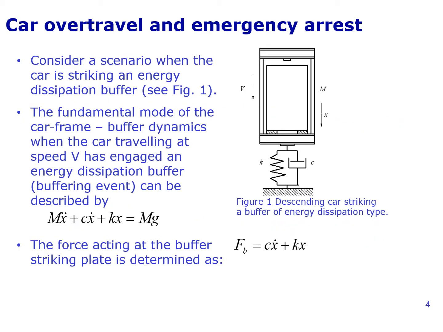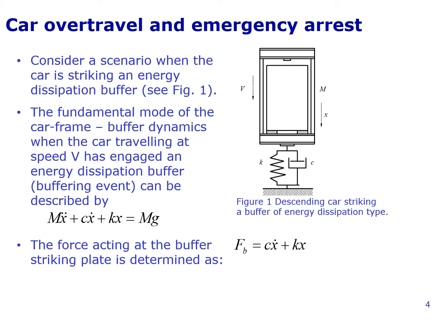Car overtravel and emergency arrest. We have presented a scenario here when the car is striking an emergency energy dissipation buffer. So it's a car of mass M hitting an emergency buffer, which is a renowned spring and dashpot system.